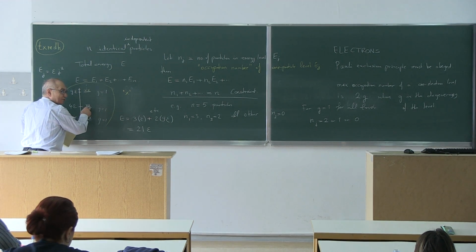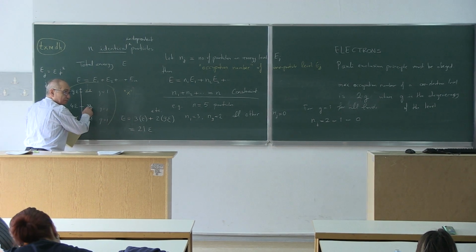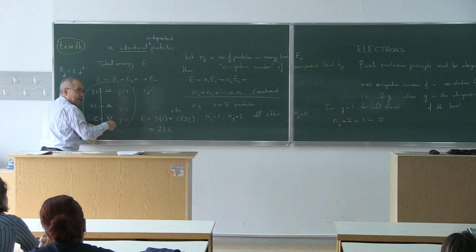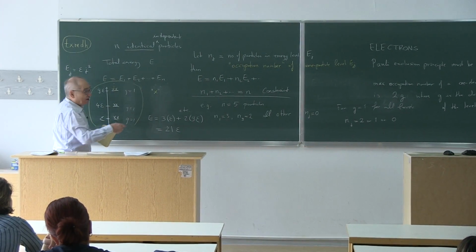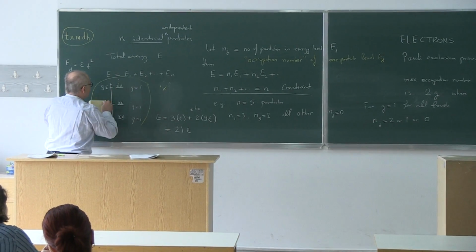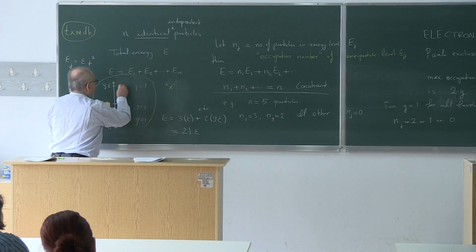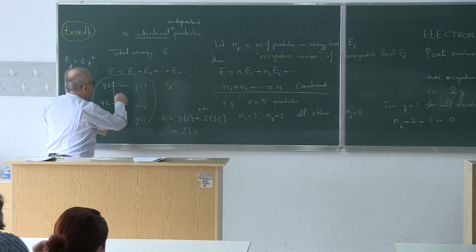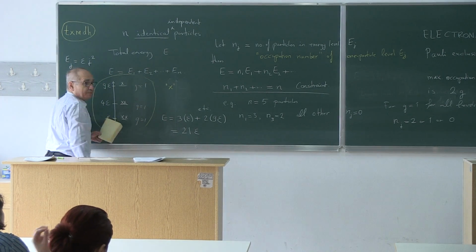The maximum occupation number of this level is also 2. I have so far 4 electrons, but how many electrons do I have? 5 electrons. So the 5th electron, for the lowest total energy, I have to put here.